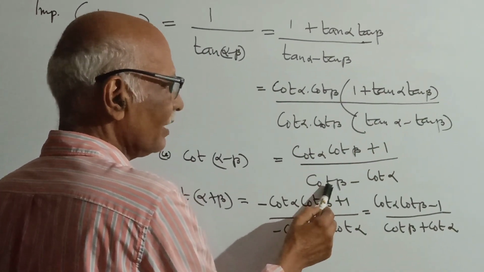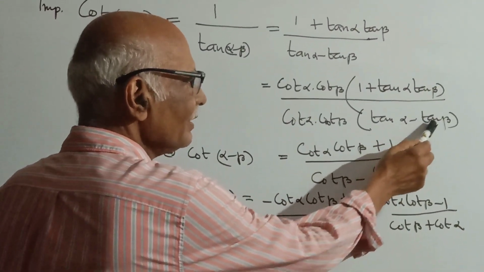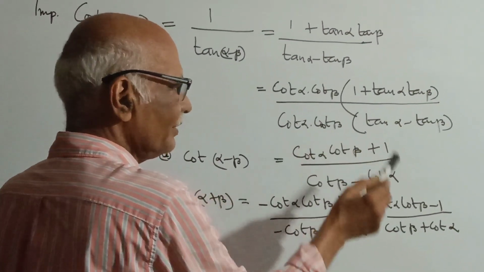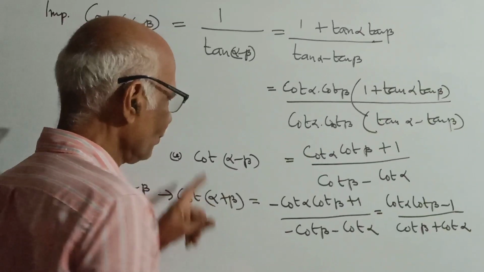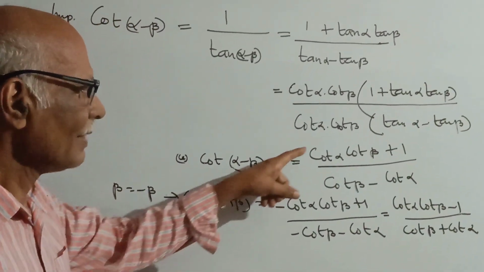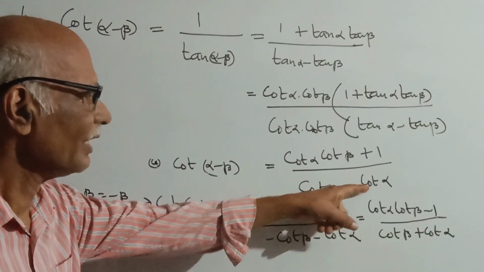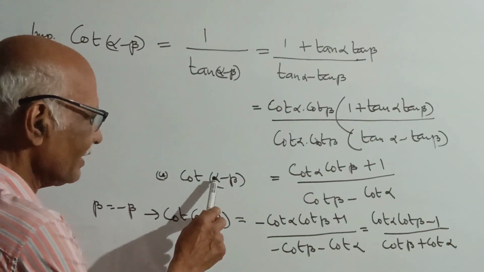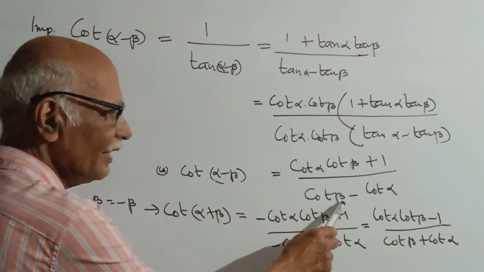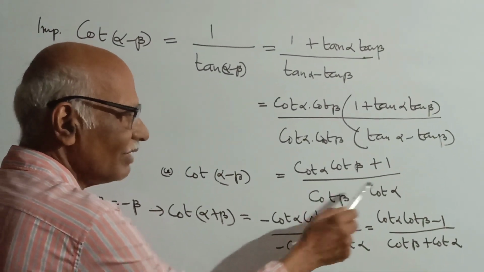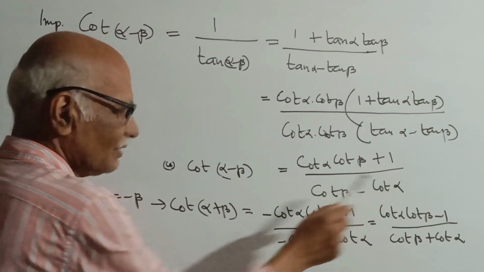So you get cot beta. That minus is there. Tan beta and cot beta vanish. Give you cot alpha. So cot of (alpha minus beta) is (cot alpha cot beta plus 1) by (cot beta minus cot alpha). Remember here it was alpha minus beta. Here in the result it is not alpha minus beta. It is beta minus alpha.